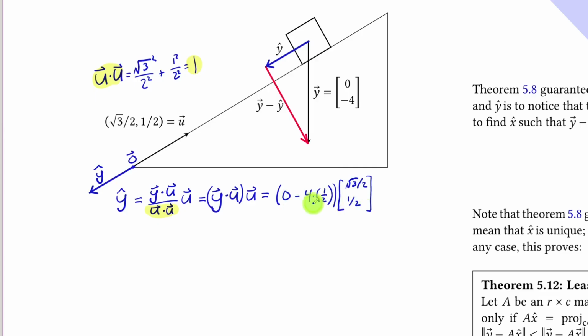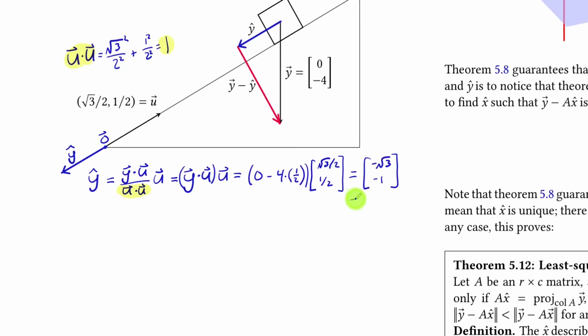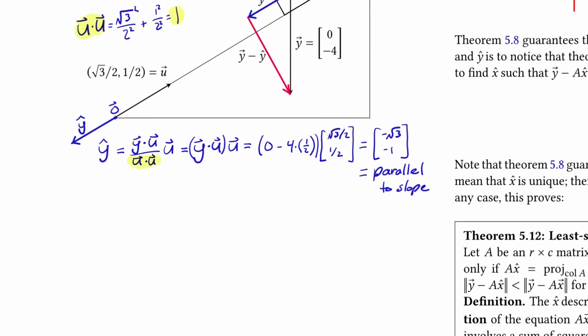So that's going to end up being negative 2 times this u, which will be negative root 3 and negative 1. So that's our y hat. That's our component that's parallel to the inclined plane. Has to do with how much friction the block is making, etc.